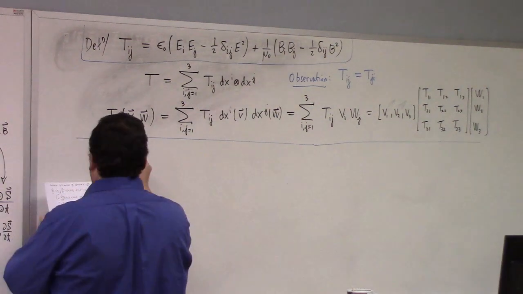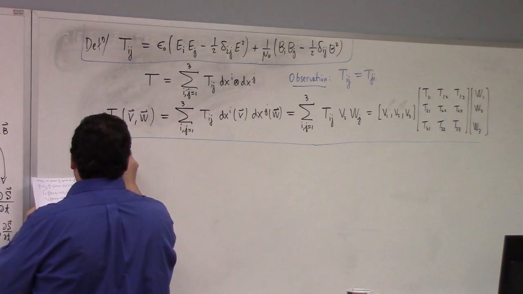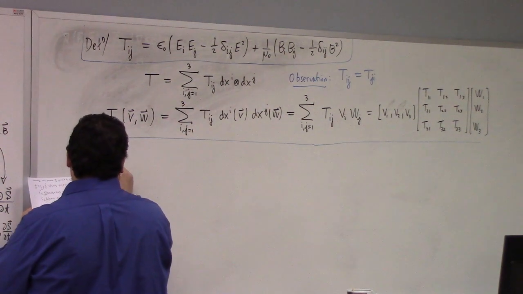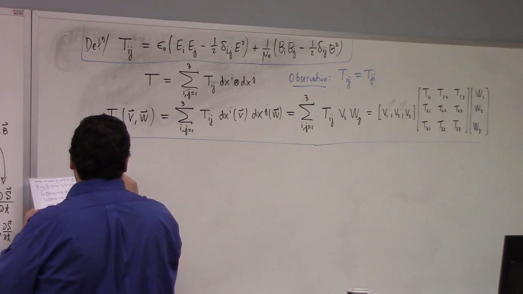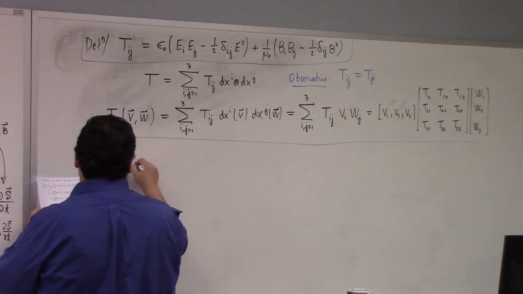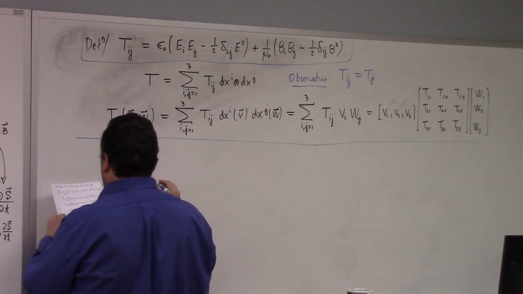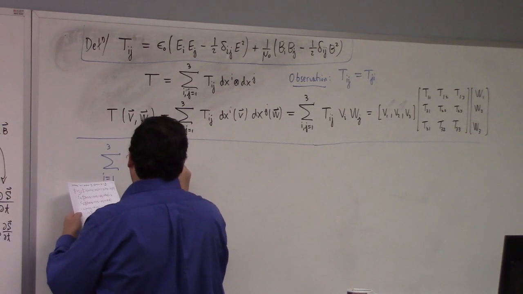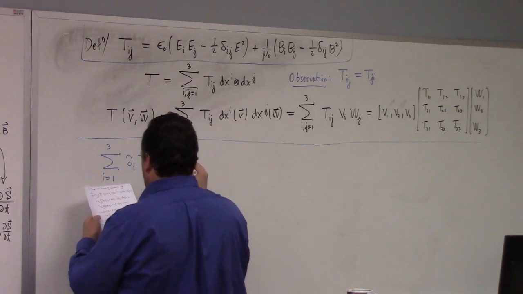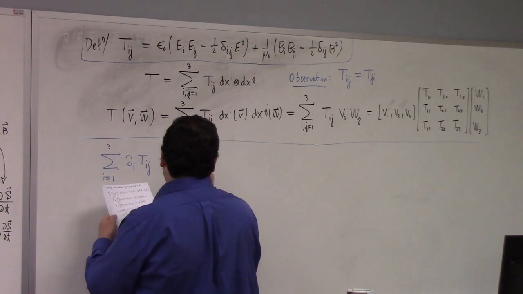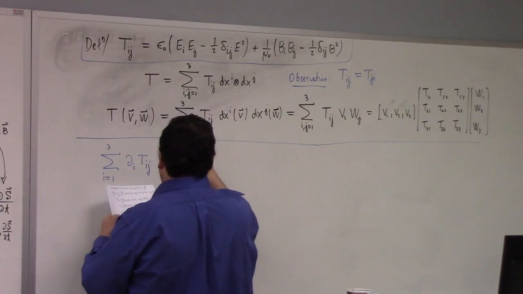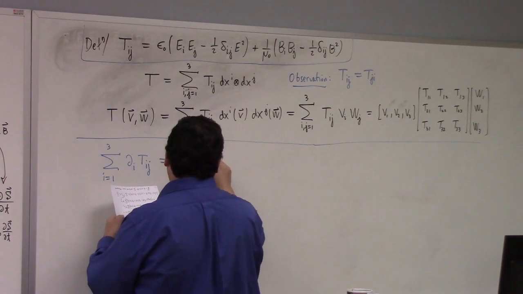if I look at the sum i equals 1 to 3 of partial i Tij, all right, then that is the sum i equals 1 to 3 of partial i of what?